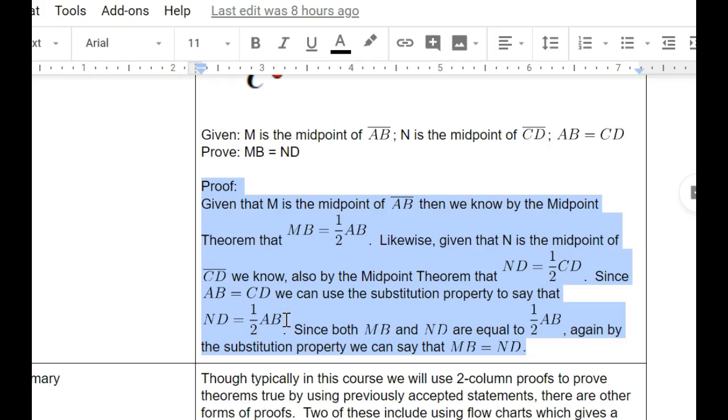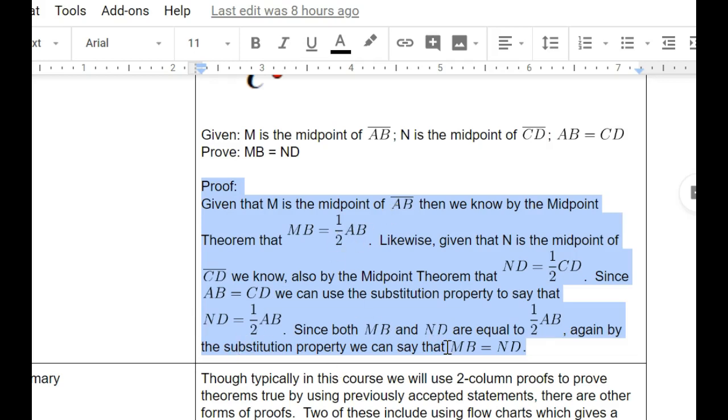Now I've got a situation where ND is half of AB, MB is half of AB. These two things are both half of AB, which means they have to be equal, right? That's by the substitution property. If they're both equal to the same thing, they're equal to each other. You can take this out, swap the ND and put it in there.